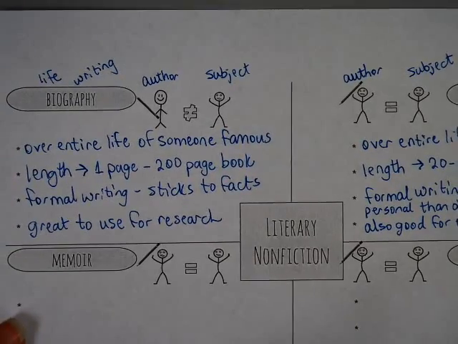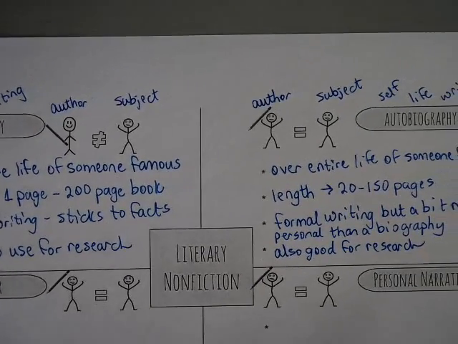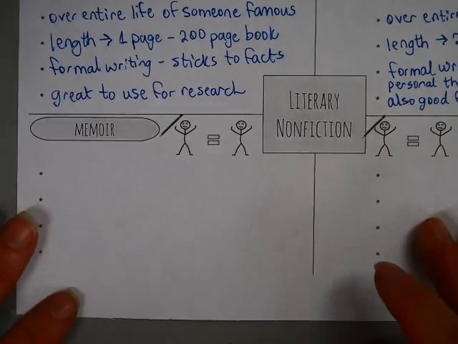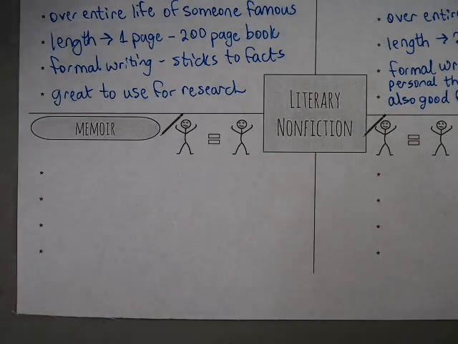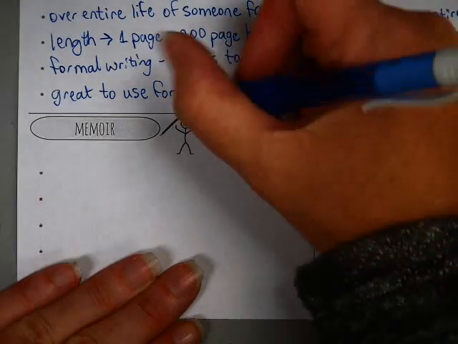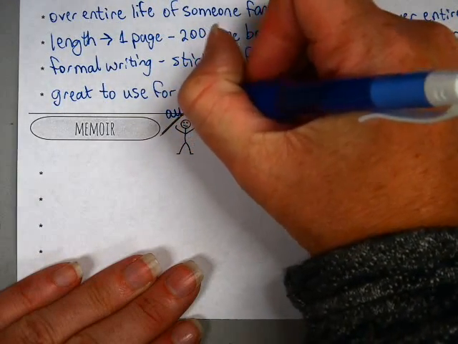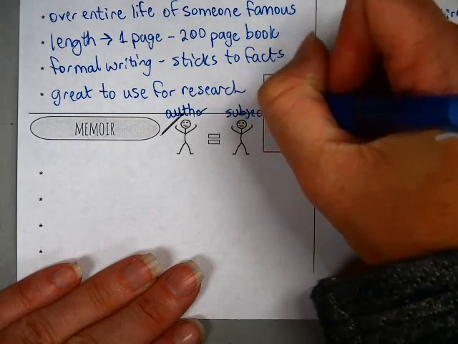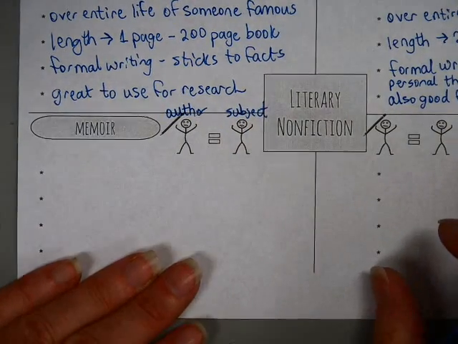Alright, so that's autobiography and biography. The main difference is the person who's written it. A memoir. It sounds a lot like the word memory, and in fact that's really what it is. So again, we have our author here, and our author equals the subject. The person who's writing it is writing it about themselves.